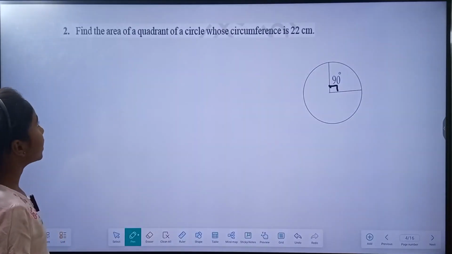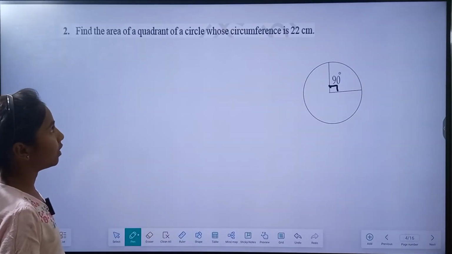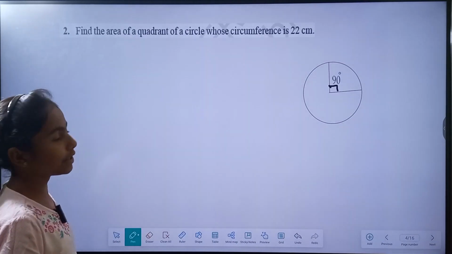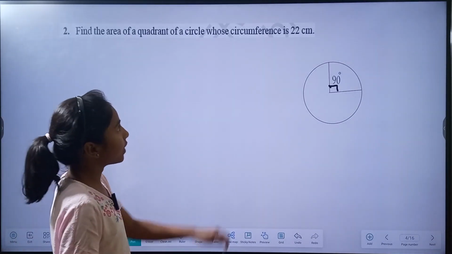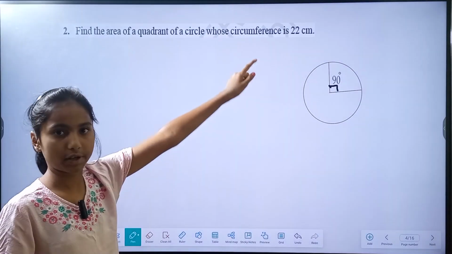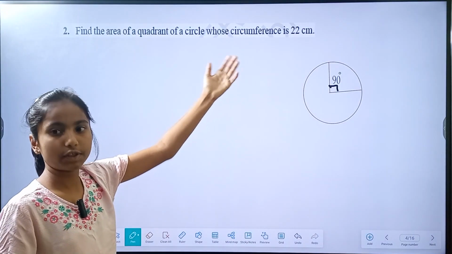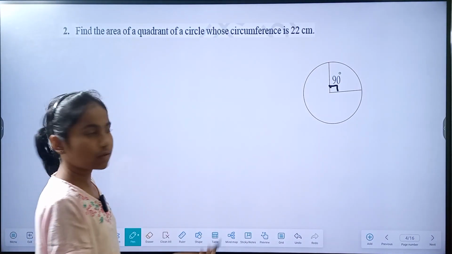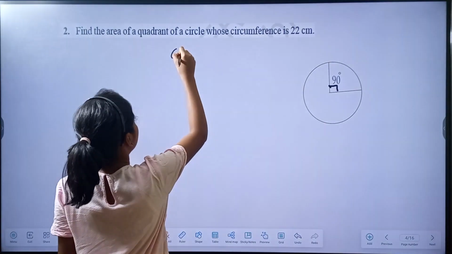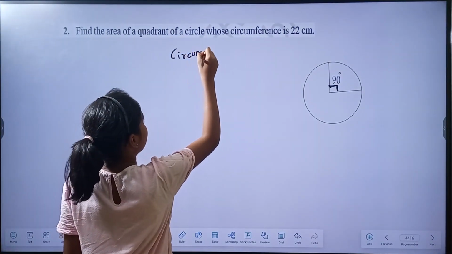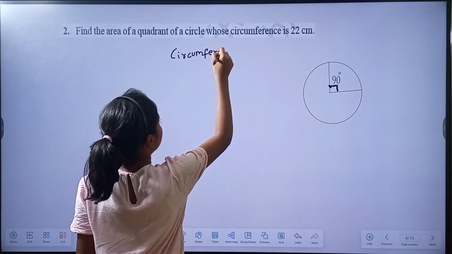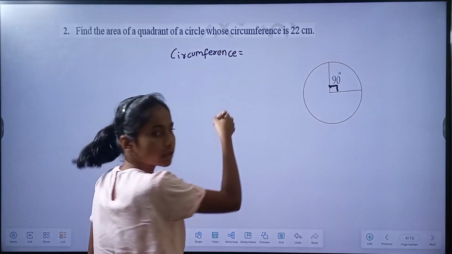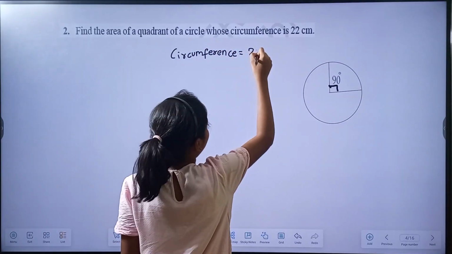Find the area of a quadrant of a circle whose circumference is 22 centimeter. So they have given the circumference is 22 centimeter. The circumference of a circle, which is the perimeter of a circle, always equals 2 pi r.